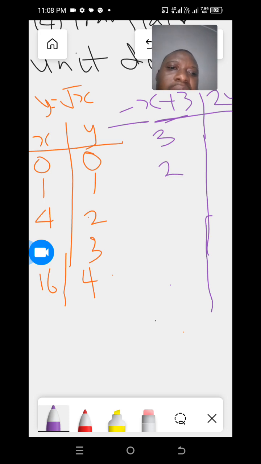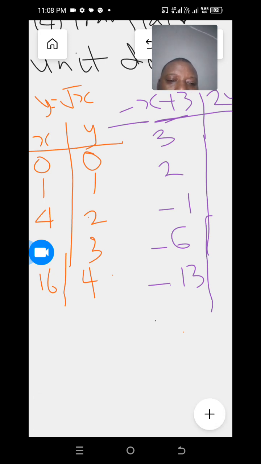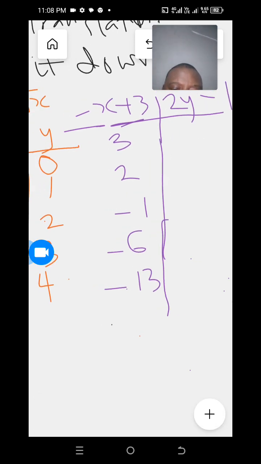Negative 4 plus 3, that is negative 1. Negative 9 plus 3, that is negative 6. And negative 16 plus 3, that is negative 13. Okay, good.